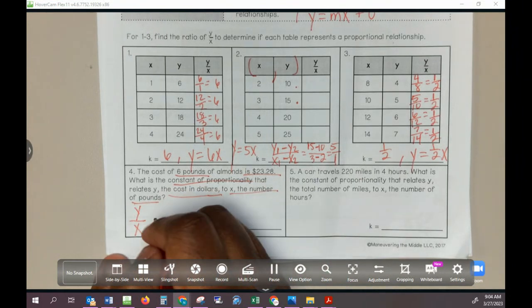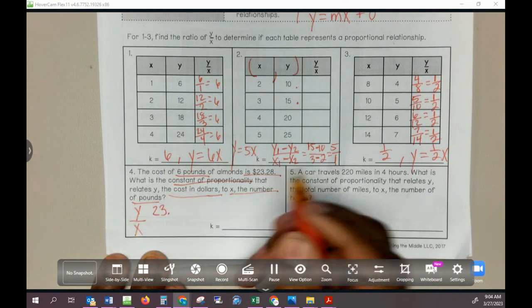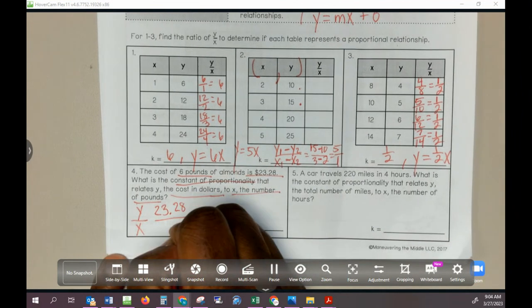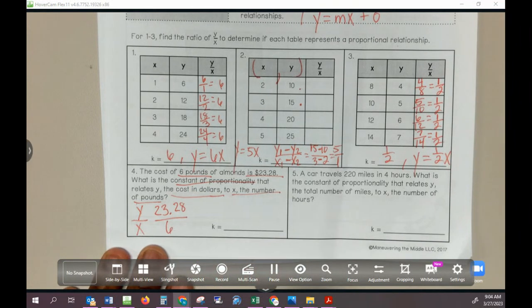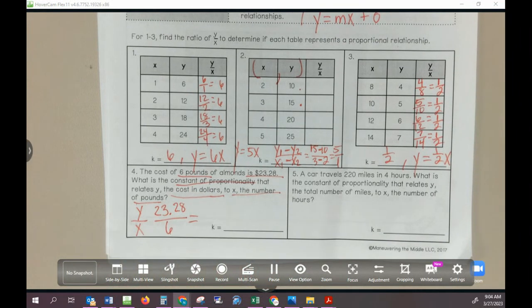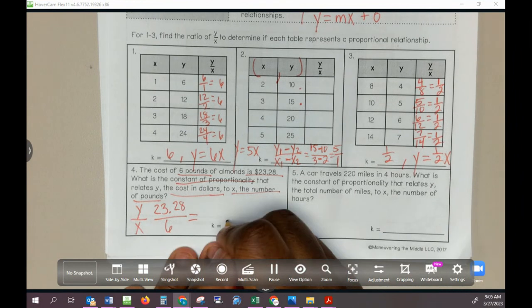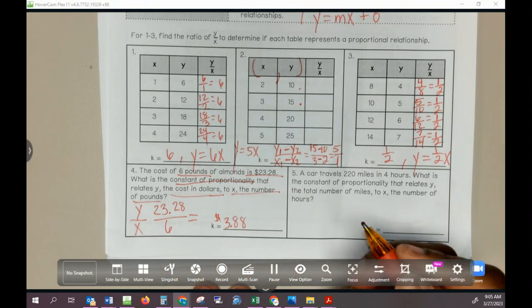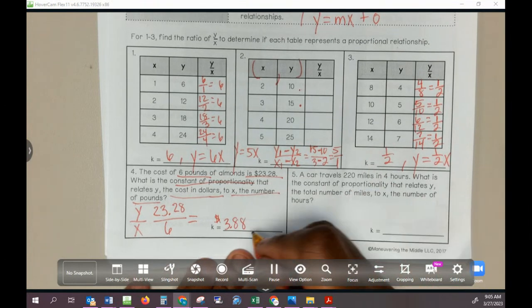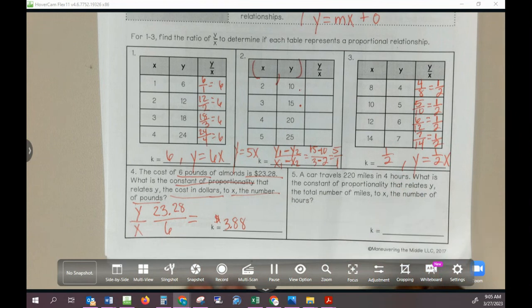So I know my cost has to be my top number, 23.28. And my x, number of pounds, is 6. And so when I divide those, I'll end up getting that k will equal $3.88 per pound, because that's what that means.